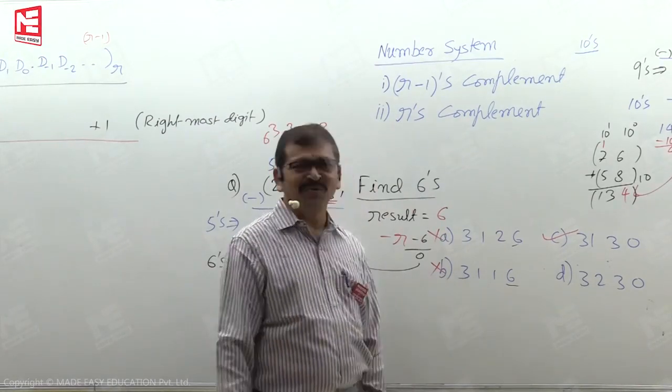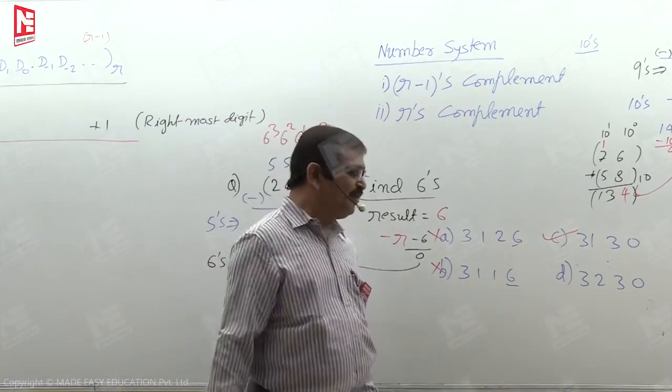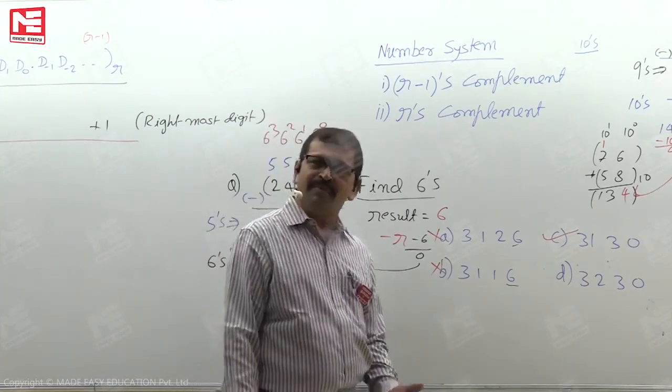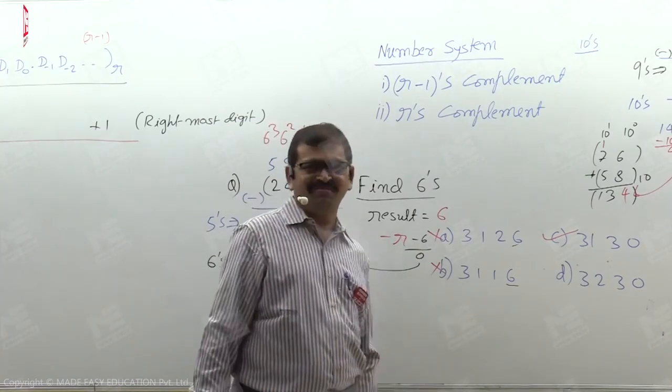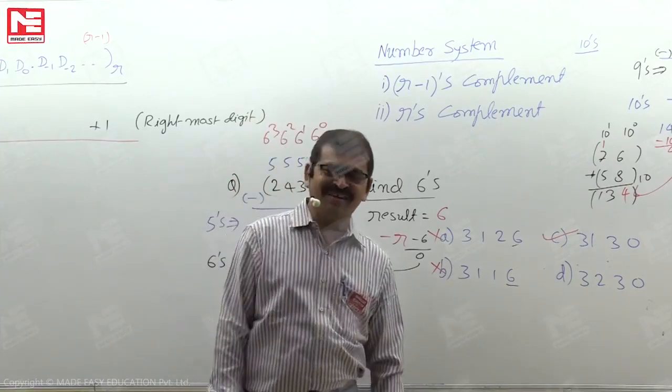After completing the exam, when you share your opinion on the exam paper with your friends, you may say the paper is easy, the question paper is not worthy. Such comments we generally make. But of course, it is not correct.